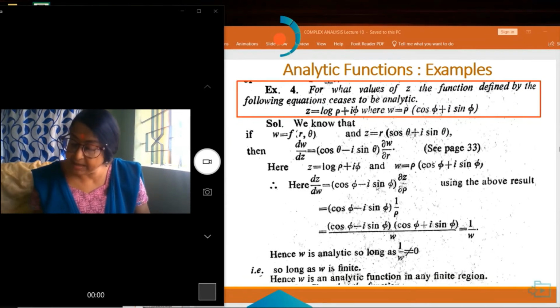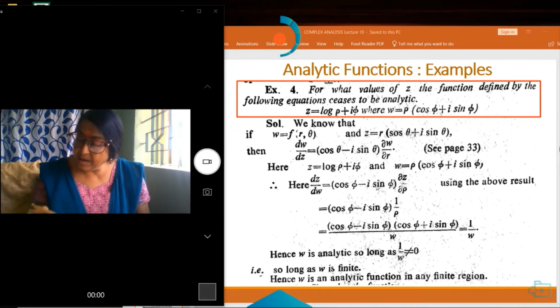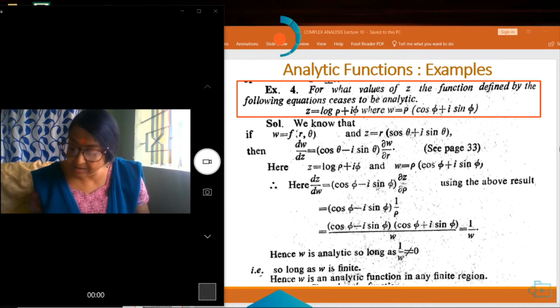Next, take another example. For what value of z does the function defined by the following cease to be analytic? So z is given here. w = f(r, θ), and z = r(cos θ + i sin θ). This is in polar form.